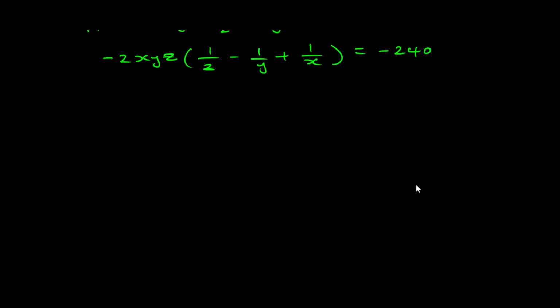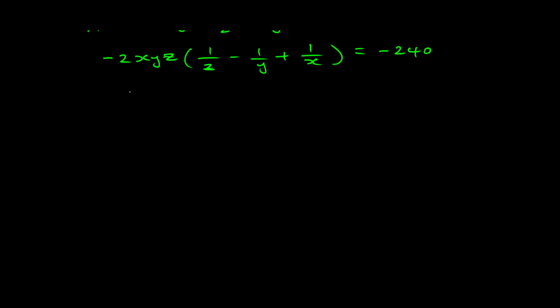All right, great. So what we could do now is divide both sides by negative 2, and also divide both sides by xyz.